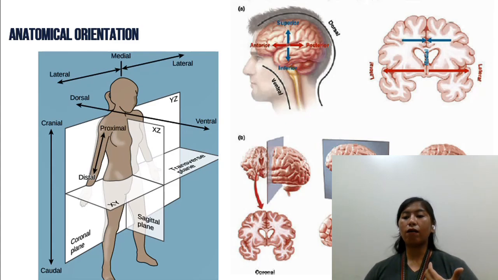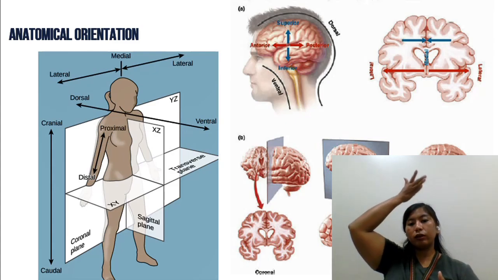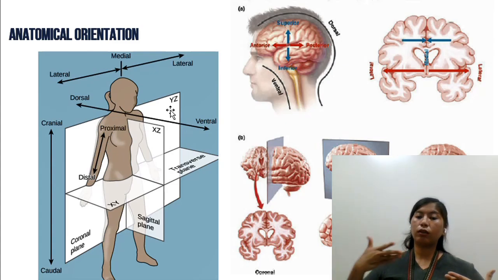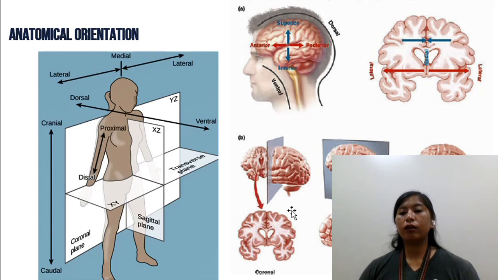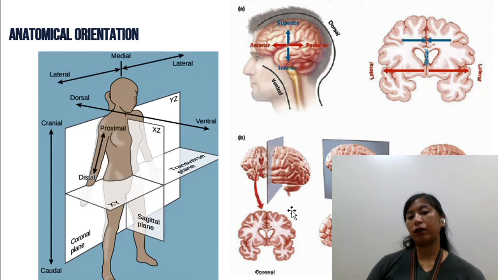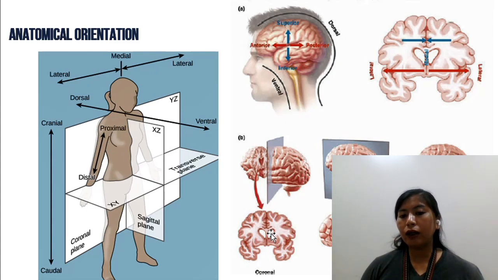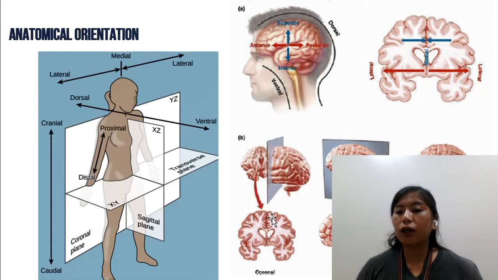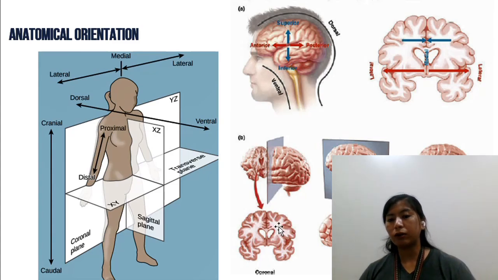And then we also have the coronal. So this is the coronal plane. We will observe here the white matter and the gray matter. So the white matter here is referring to the center bound contents, and then the pinkish ones are the gray matter.